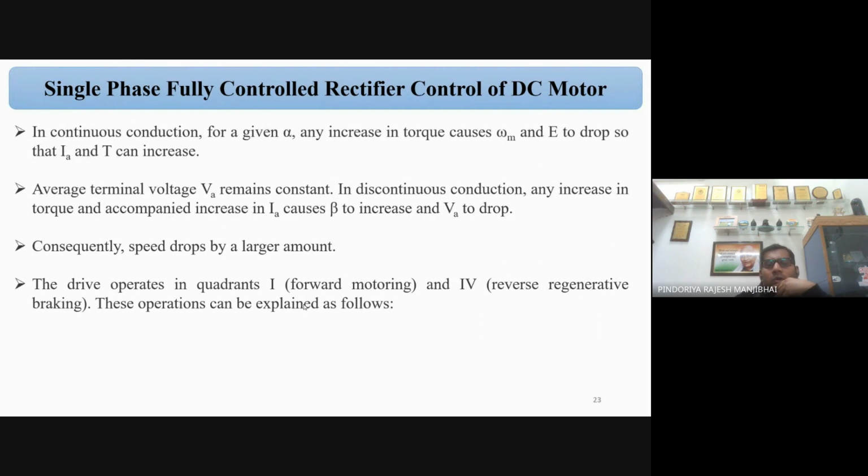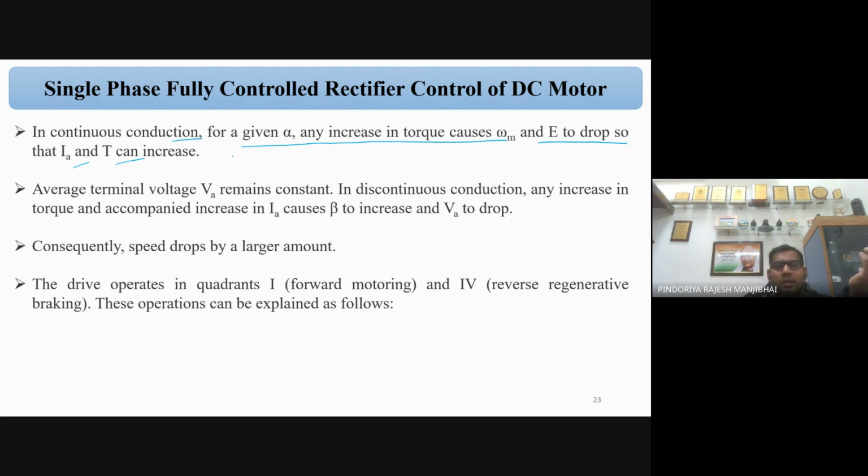Now, what about regenerative braking? This is the second quadrant and fourth quadrant operation, that is regenerative braking. In continuous conduction, for a given alpha, any increase in the torque reduces omega m. Suppose you increase the torque, E drops, due to which Ia and T increase.